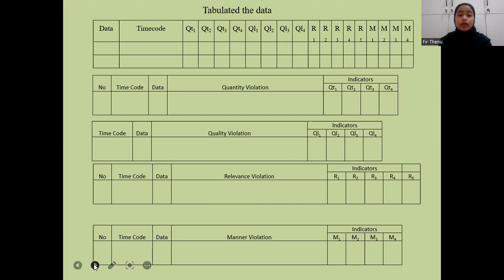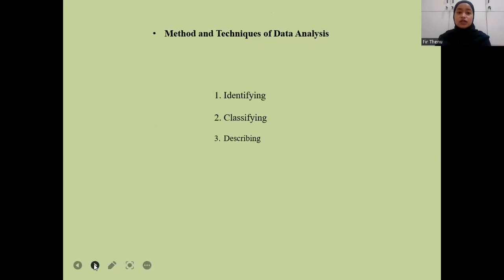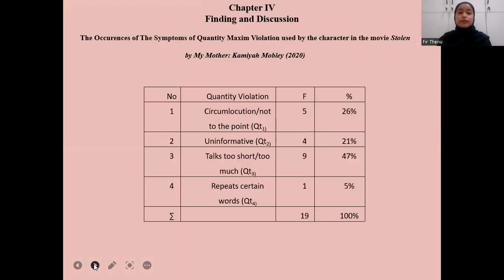In the second table, the researcher classified the data based on each maxim, which were quantity maxim, quality maxim, relevance, and manner violation. For the method and techniques of data analysis, the researcher first identified the data, then classified the data, and lastly described the data.